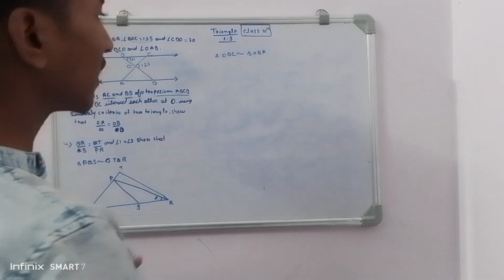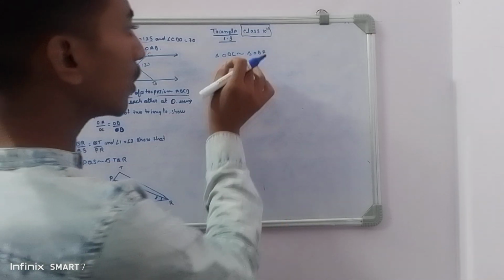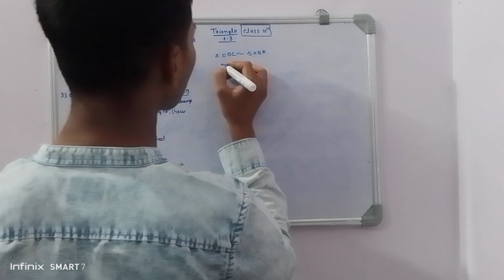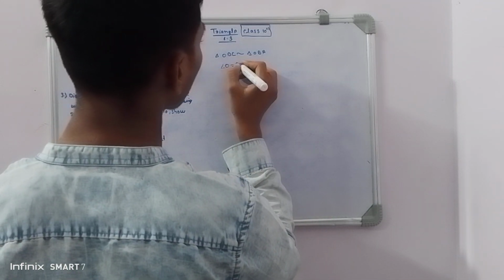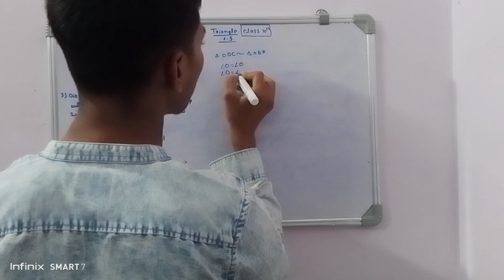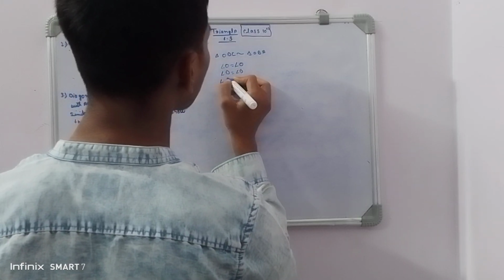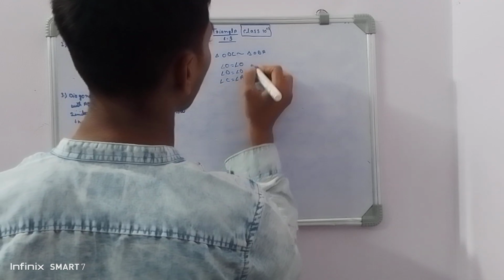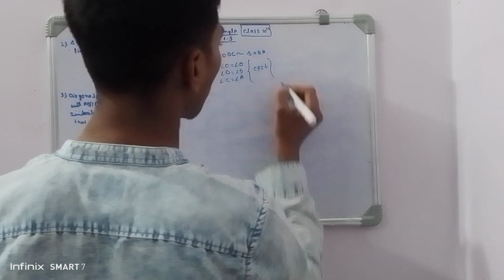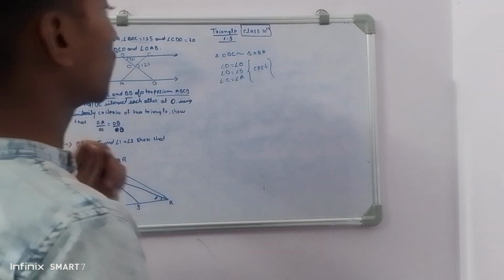So what can you write here using the CPST? Because the two triangles are similar, you can use the concept of CPST. So angle O is equal to angle O, angle D is equal to angle B, and angle C is equal to angle A, due to CPST, corresponding parts of similar triangles.